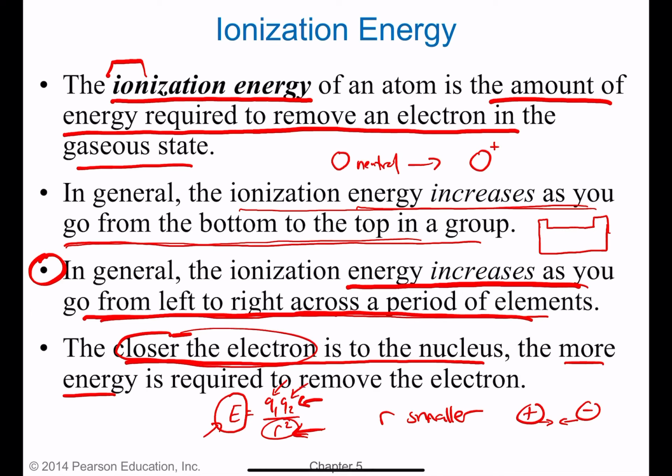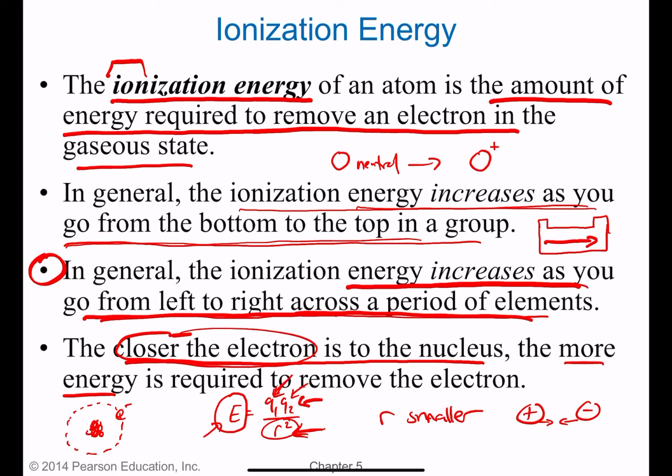If you've got more positively charged protons in your nucleus, then you're going to have a stronger attraction to the electrons that are orbiting. So if we go from left to right across the periodic table, for example, going from boron to carbon to nitrogen to oxygen to fluorine, we're adding more protons.